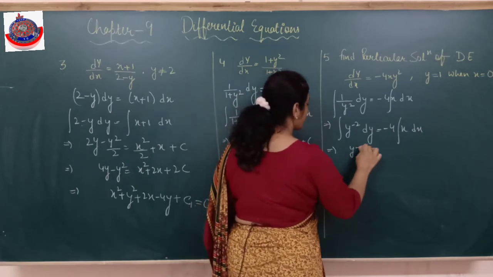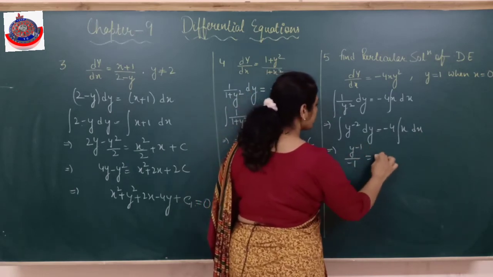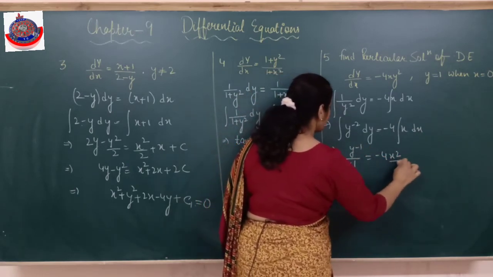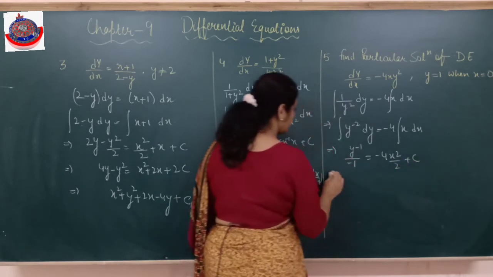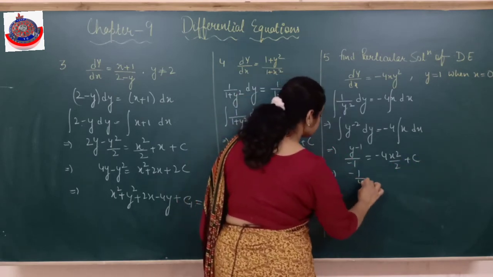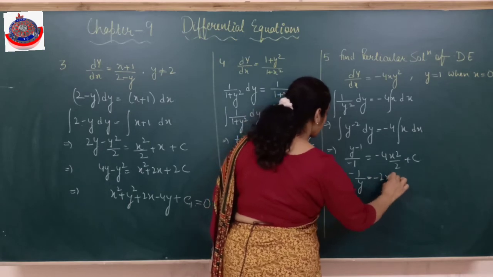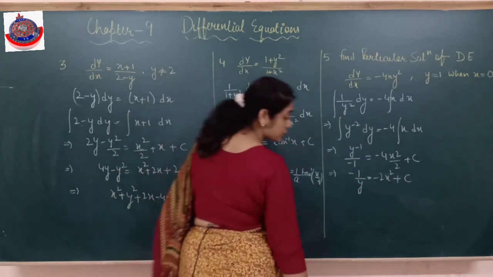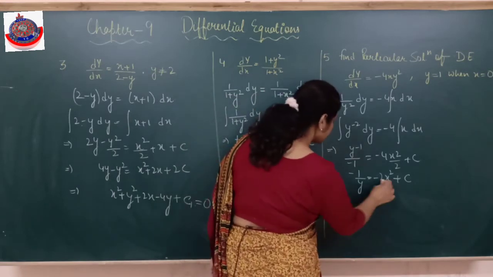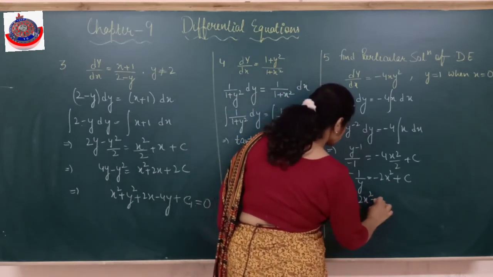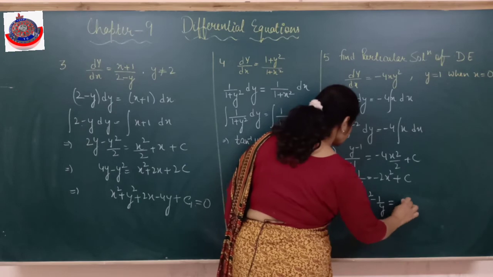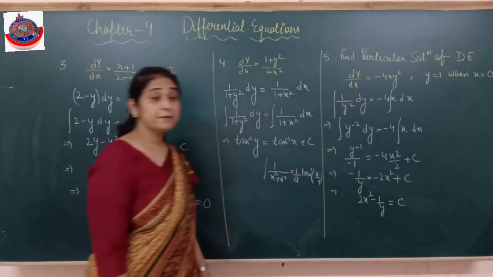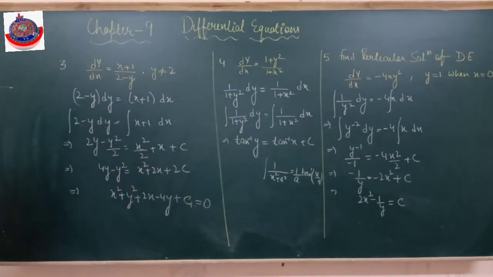Increase the power by 1 divided by the increased power. Let us solve it. Alright, I want to simplify. We can simplify more. Is it clear? Alright, 2x square minus y is equals to c.